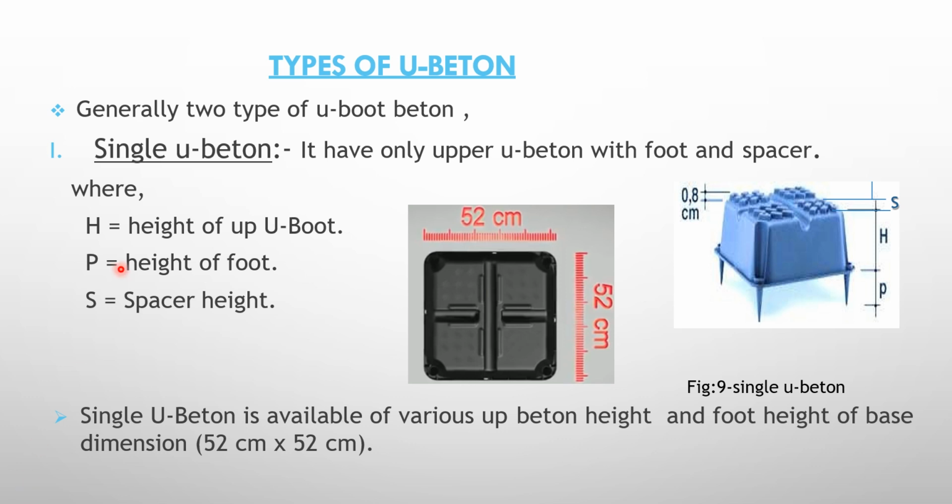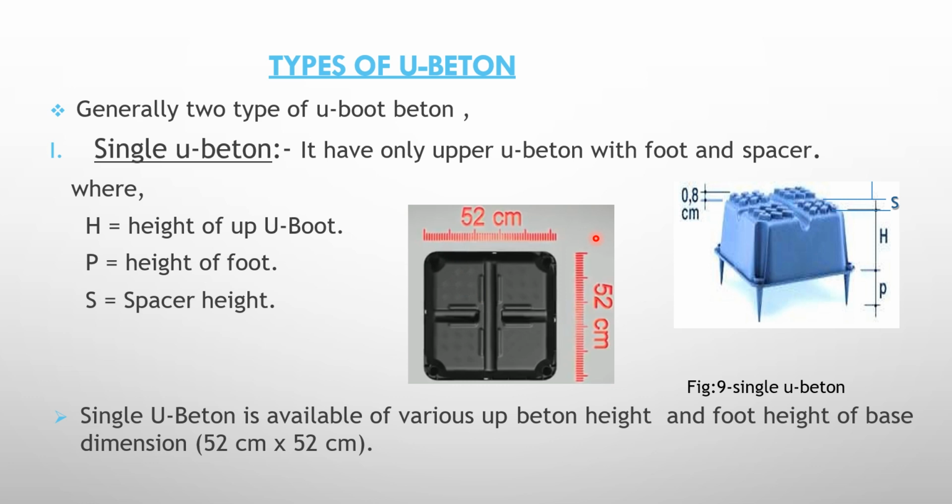Now let us see the types of U-Beton. Generally there are two types of U-Beton. One is the single and the other is the double. First let us look at the single U-Beton. Single U-Beton means it has only the upper U-Beton with foot and spacer. As you can see in this figure, this is the single U-Beton, this is the spacer here and this is the foot over here.